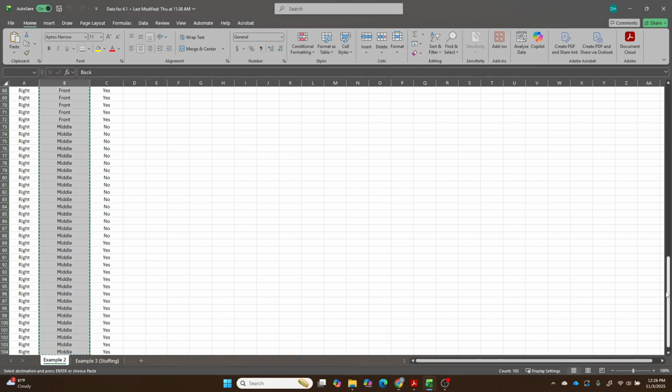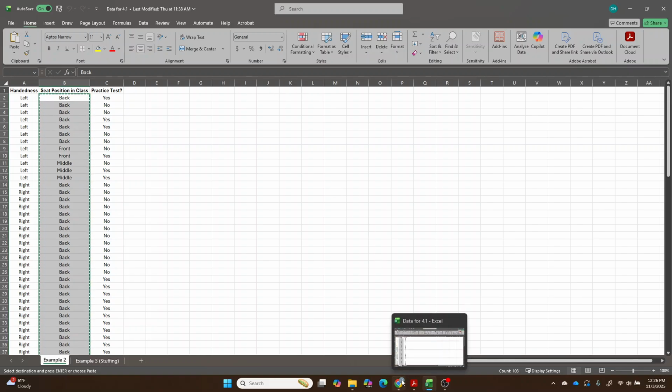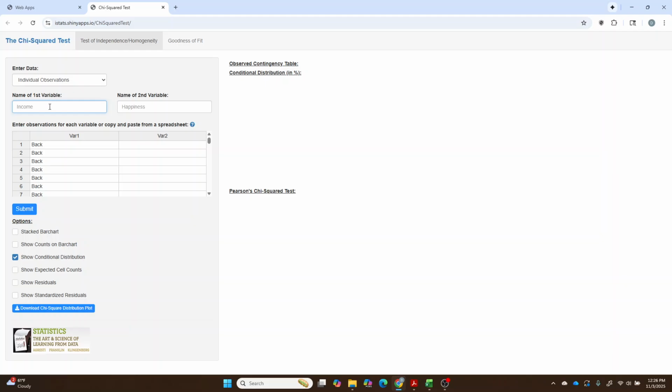This was your seat position in class, right? That was the name of that variable, seat position in class. So that's what we'll call it. The name of the second variable was whether or not you took a practice test. So I'll say practice test question mark, and then copy and paste that data.